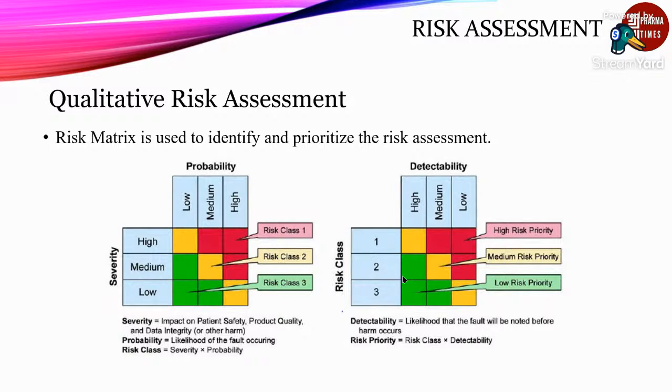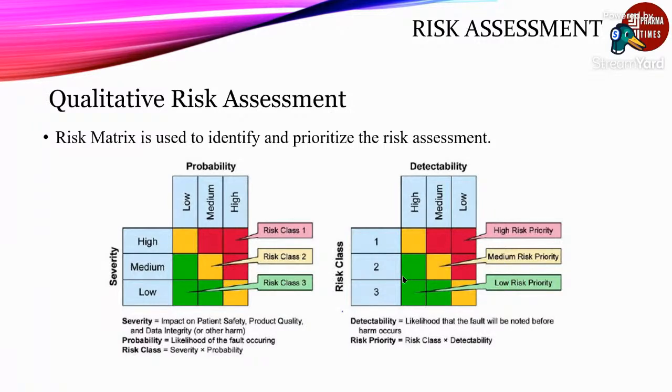You can see in the PPT that one axis is probability and the second is severity. It is defined in the first picture of this PPT that probability is low, medium and high, and severity is also low, medium and high. The cross marks are highlighted in red, yellow and green.